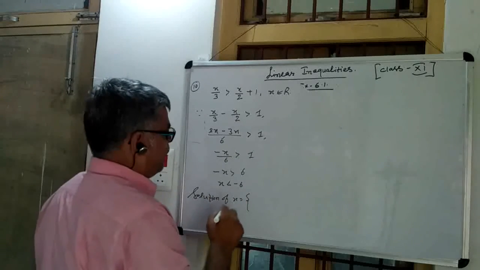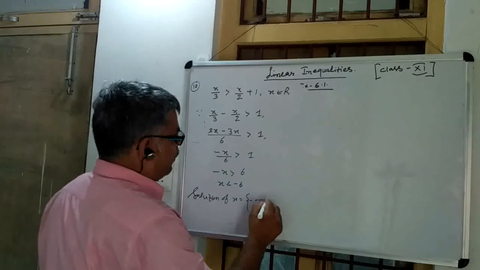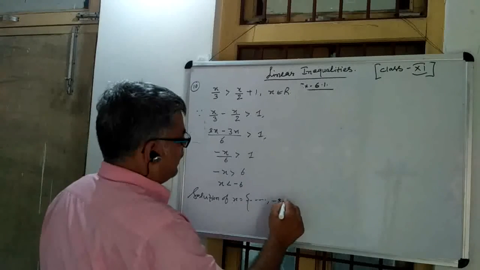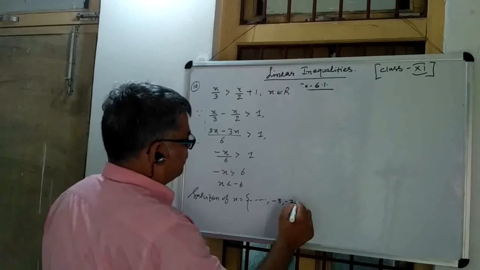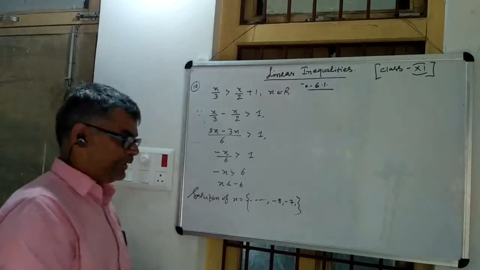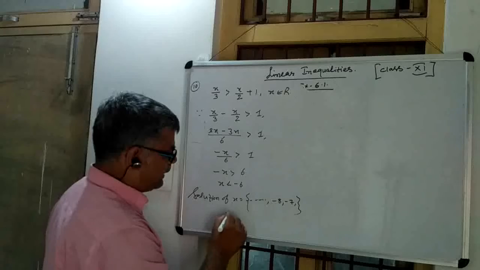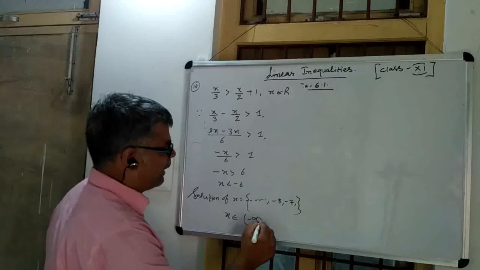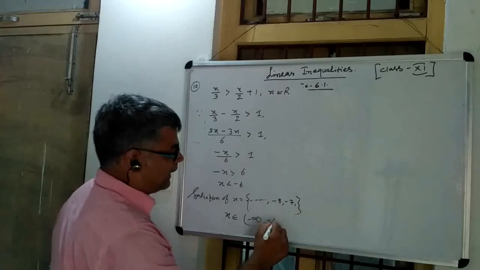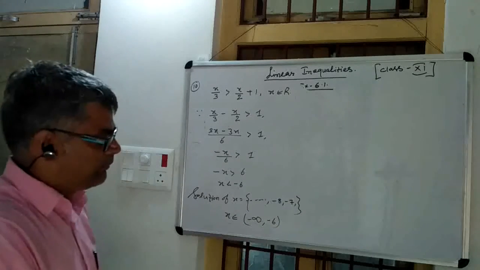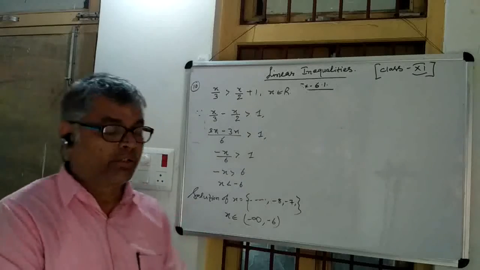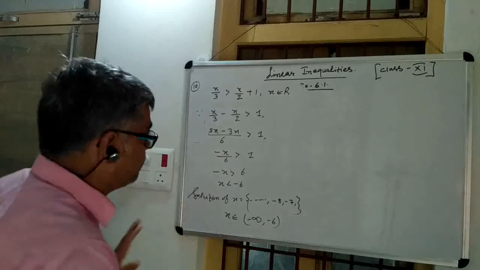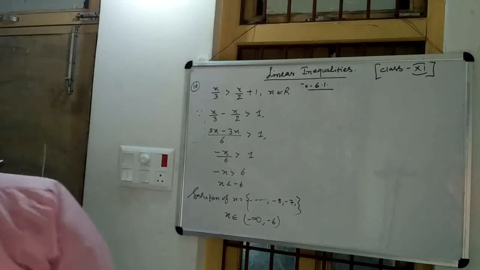It means that dot dot dot, minus 8, minus 7 are the solution of this inequality. Or you may write in the interval form x belongs to minus infinite to minus 6, open interval, where the value minus 6 is not included. So in this way you can solve this question. This is the method of solving inequality.